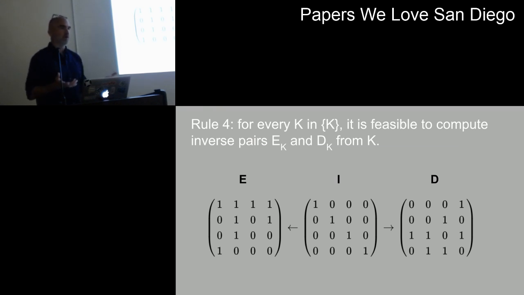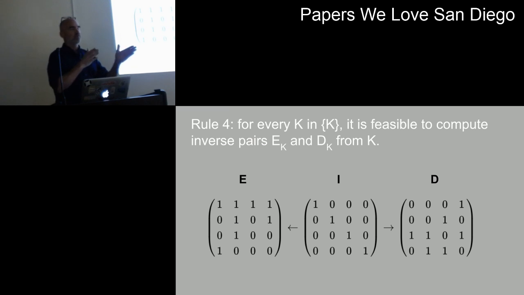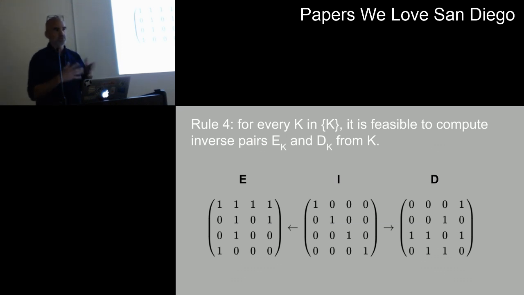In the case of the matrix-based system, it's relatively easy to start from an identity matrix and do a series of operations on a matrix to get the encrypting matrix and do the inverse operations to get the decrypting matrix. You can think of the sequence of operations that you undergo as being the key for that, and you could encode that key as binary. So far so good. We've got 3 of the 4 rules that we more or less meet with our matrix multiplication system.